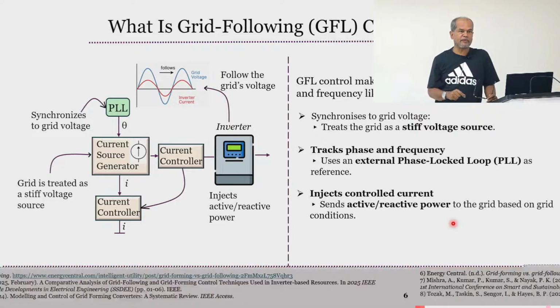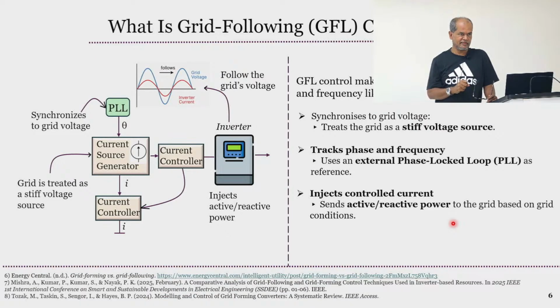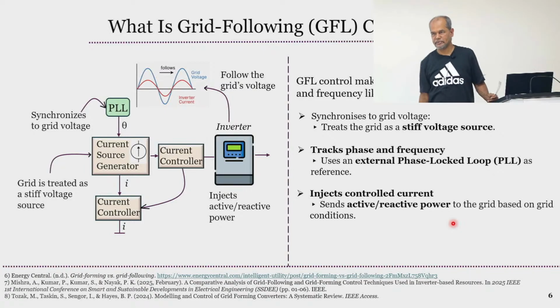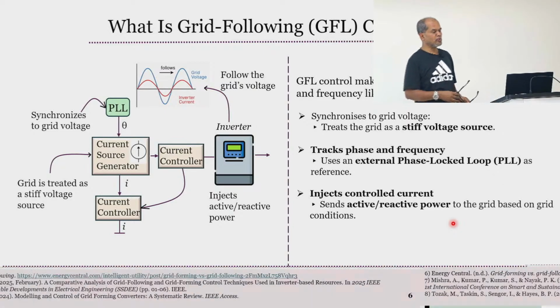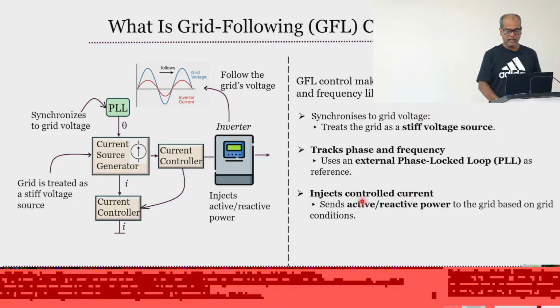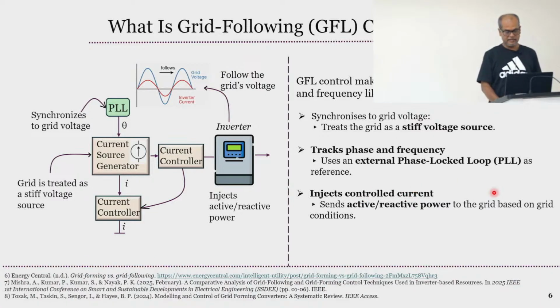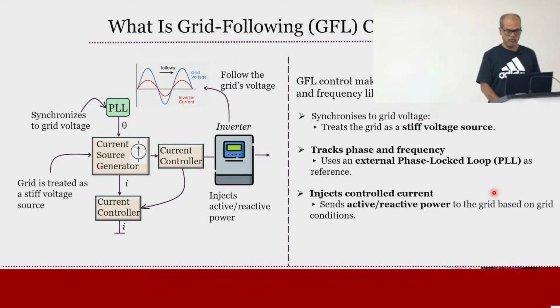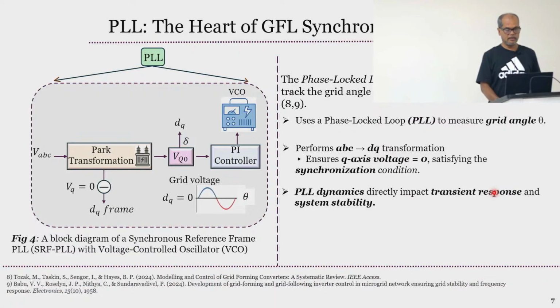With unity power factor, you can get 10 kilowatt. But at 0.9, you will not get 10 kilowatt, because active plus reactive together make up the rated capacity. So you're going to be compromising. That's why we normally prefer to give only active power, but as I say, sometimes you control for both active and reactive as well.